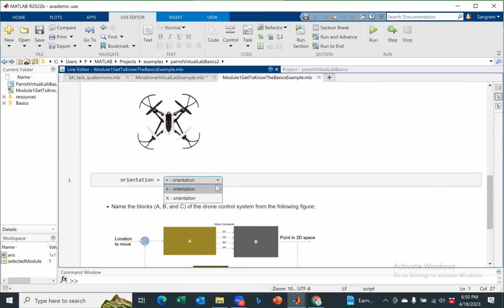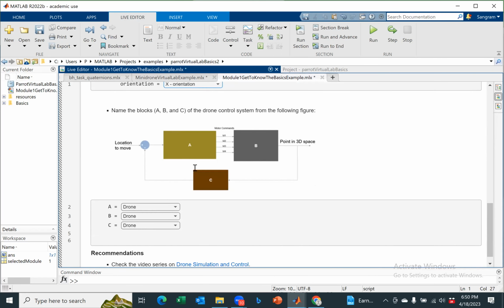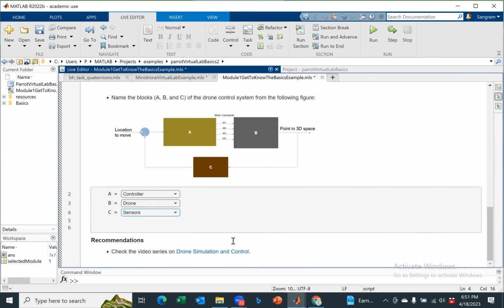And as you can see, the Parrot Mambo has an X orientation. And then you need to actually see that B is the motor commands. So A is the controller, B is the drone, and C is the sensor. And then you have to watch this video.